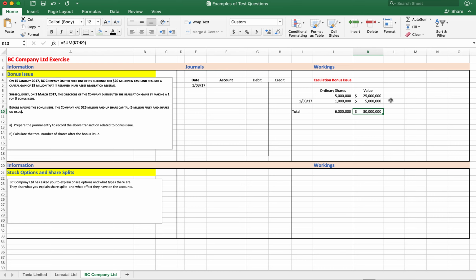Right, so how do we bring in this journal? It's actually not that hard at all. We're going to reduce the asset realisation reserve down by 5 mil, and we're going to increase the paid up capital by 5 mil. All right. So what effect does that have on the company? Nothing as far as cash goes.